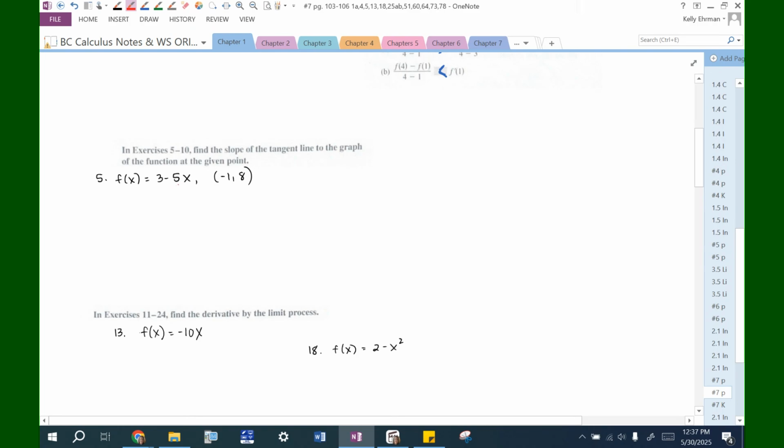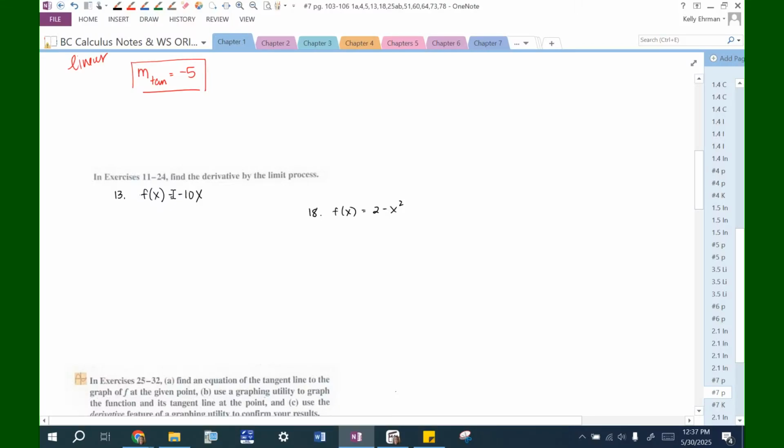There is no variation. This is a line with a slope of -5, so I don't really have any calculation to do. This is a linear function. If this were nonlinear, I would need to find f prime of -1 and go through that whole process, but I don't need to do that for this.